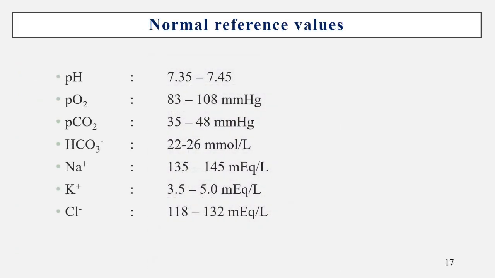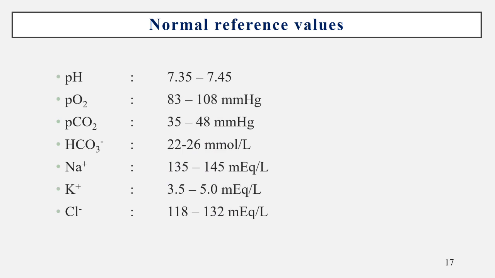Next, coming to the normal reference values. The pH normal range is 7.35 to 7.45. Partial oxygen is 83 to 108 mmHg. Partial carbon dioxide is 35 to 48 mmHg. Bicarbonate is 22 to 26 millimoles per liter.